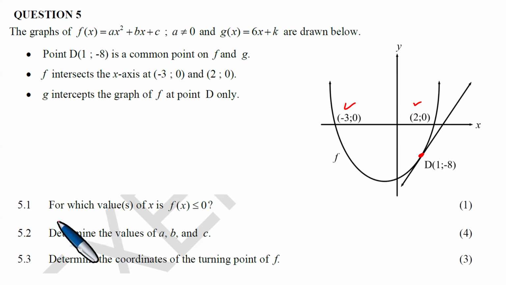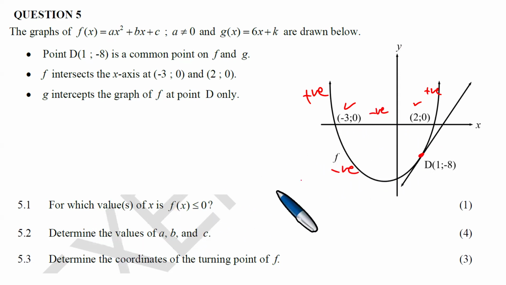You can see that. For which values of x is the F function, in other words the parabola, less or equal to 0? So now you're able to see that it is positive here and positive there, and negative in the middle.